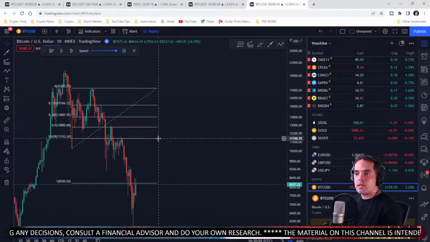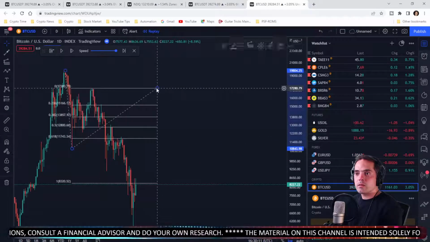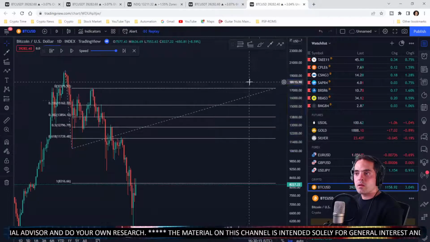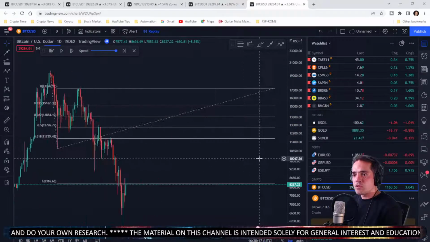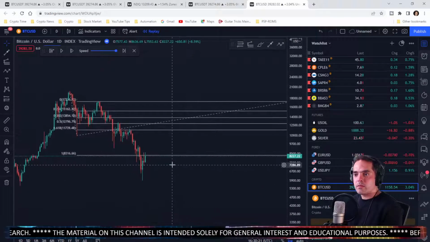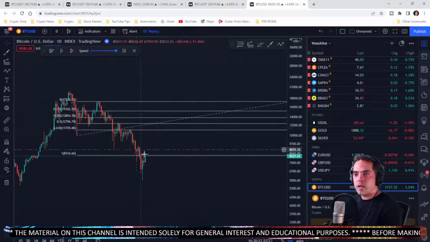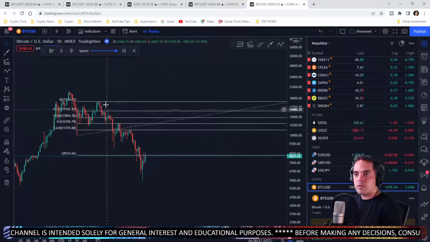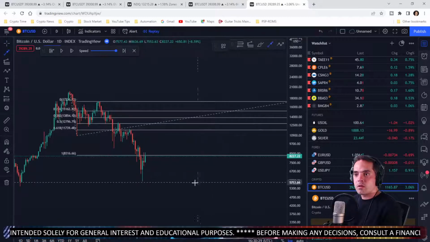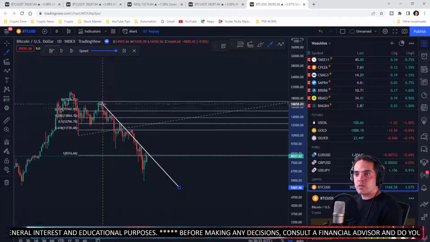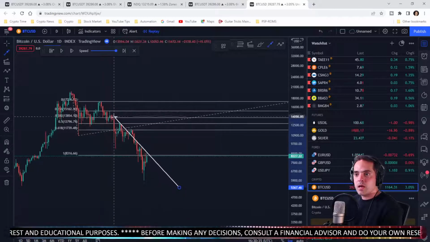Let's extend that to the right side, guys, so you can keep tracking. Now you see the price is finding support and resistance at those levels. This is for a downtrend.